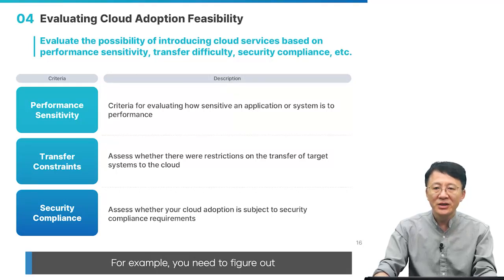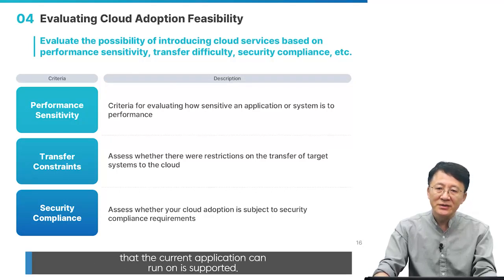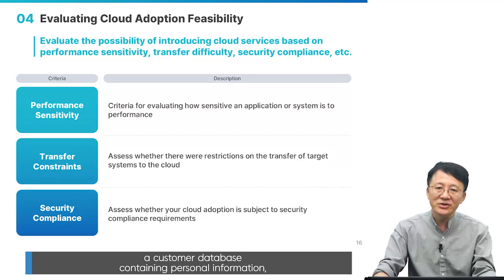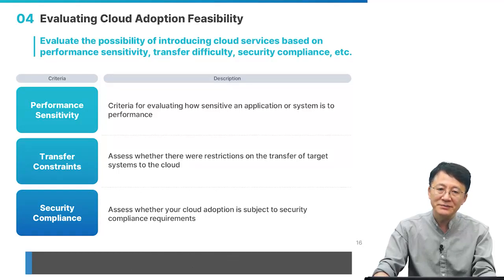For example, you need to figure out whether the operating system or database that the current application can run on is supported. Third, the company needs to evaluate whether the cloud adoption is subject to security compliance requirements. For example, in the case of a customer database containing personal information, it may be difficult to store it in the public cloud. If you are considering moving to a private cloud, you must check the above items in advance.